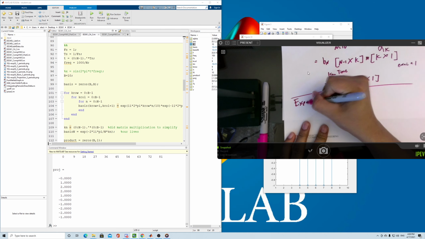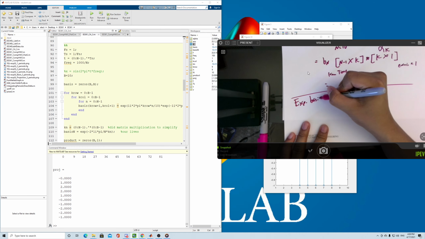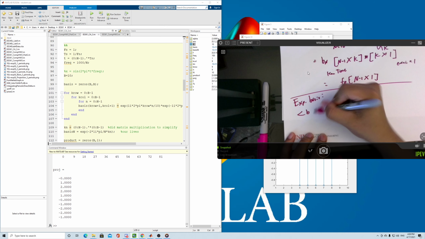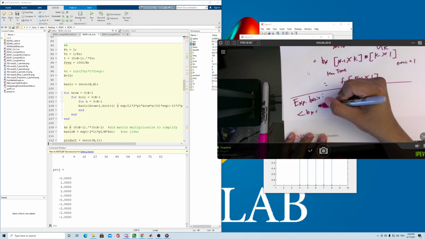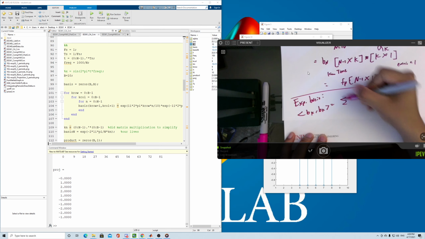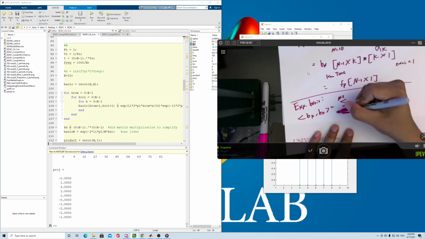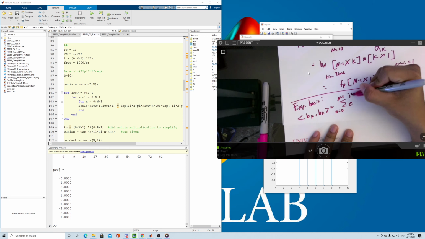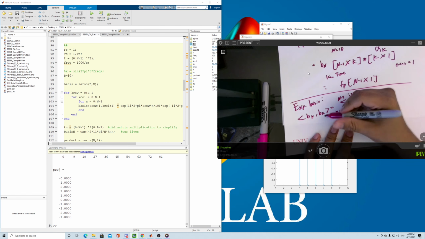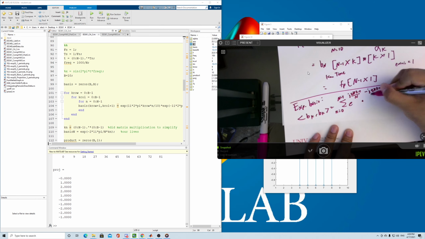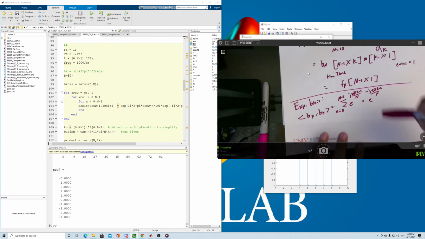With the exponential bases, remember that when you do bases of k inner product with itself, you're going to get the sum from n equals 0 to n minus 1 of e to the j 2 pi kn divided by n times e to the minus j 2 pi kn divided by n, because it's complex conjugated. There we go. So remember this, and I'm about to show you that right now.